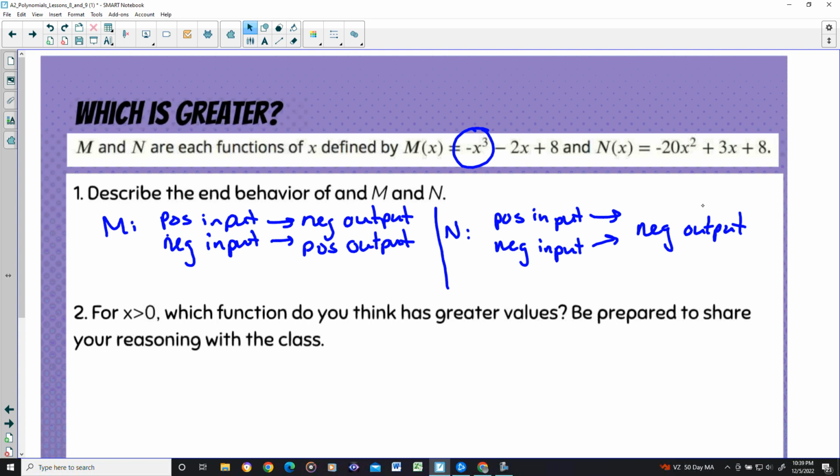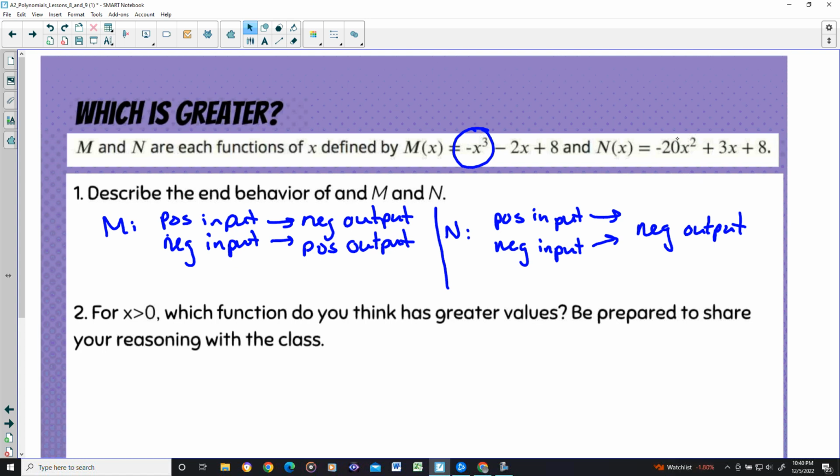Which function has greater values for x being greater than 0? Well, that's going to depend, right? So, in particular, the thing here is the difference between these two terms, x to the third and x squared, and this is a negative 20x squared, and that's negative.